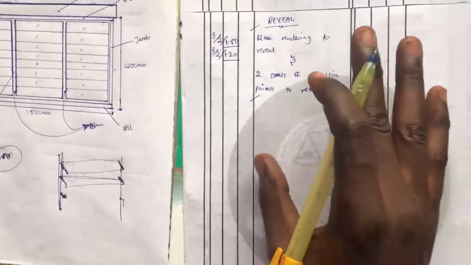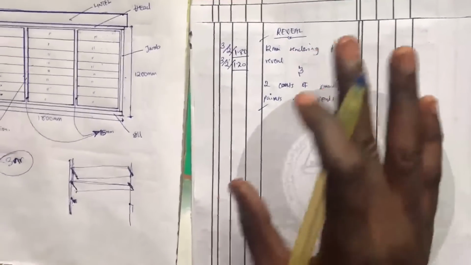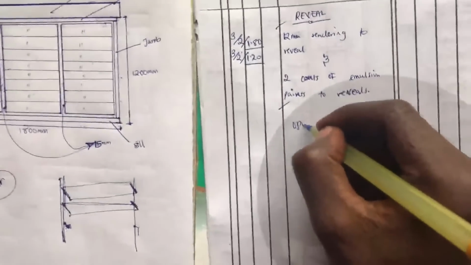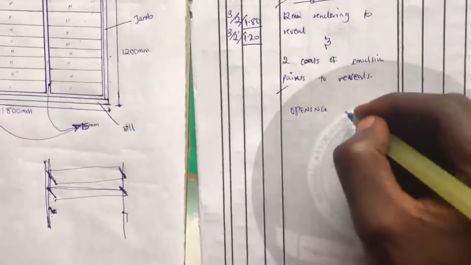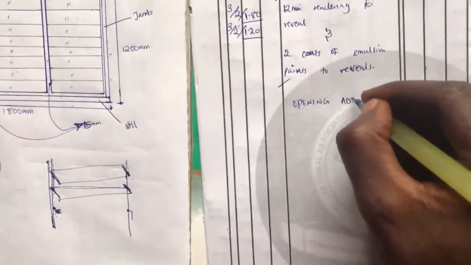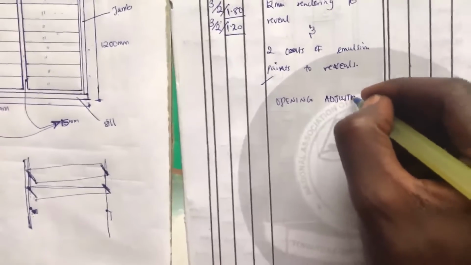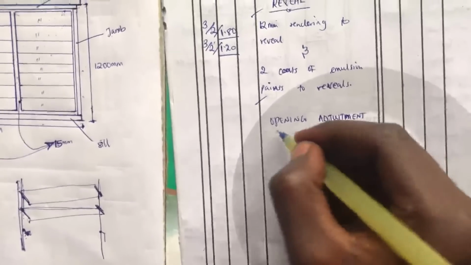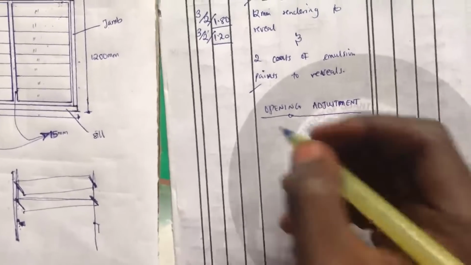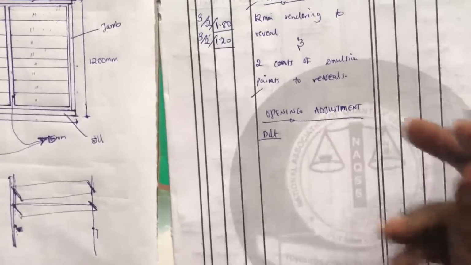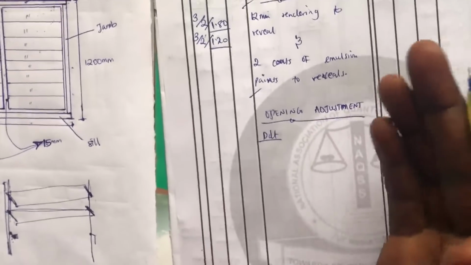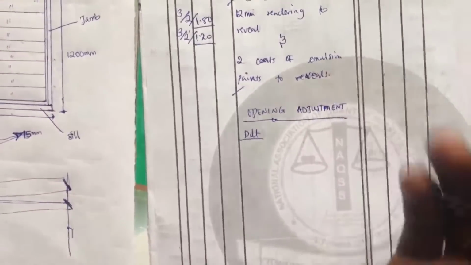Now, last but not the least is to work on the opening adjustment. When I work on the opening adjustment, then I am done booking or measuring for my window. I hope this has been helpful. So I just need to deduct. Remember what I did the last time? Deduct the block work separately.